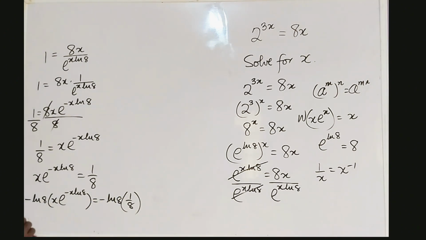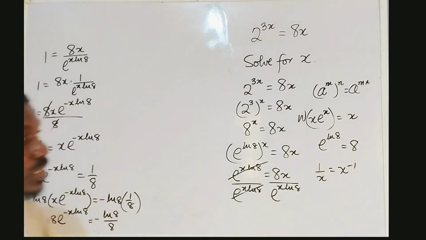So here we can now say this is minus x ln 8 e raised to the power of minus x ln 8, then equals minus ln 8 all over 8. So at this point you can see that this is now similar to this. So what we now need to do is to apply the W function.